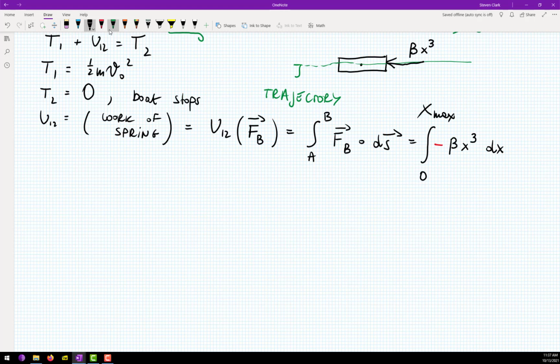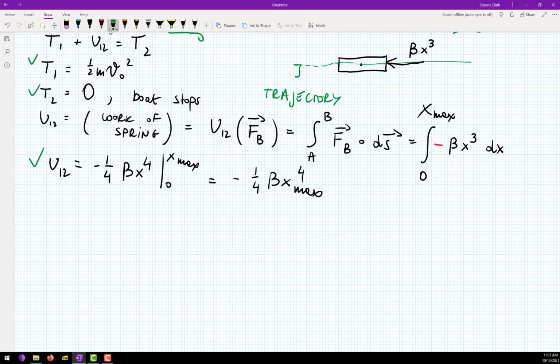Okay. So our U12 is equal to negative a quarter of beta x to the power of 4, from 0 to x max. Hopefully I'm wrong. Okay, so this is our work, yes? And again, 100% of the problem is done, because we found this thing, this thing, and this thing.